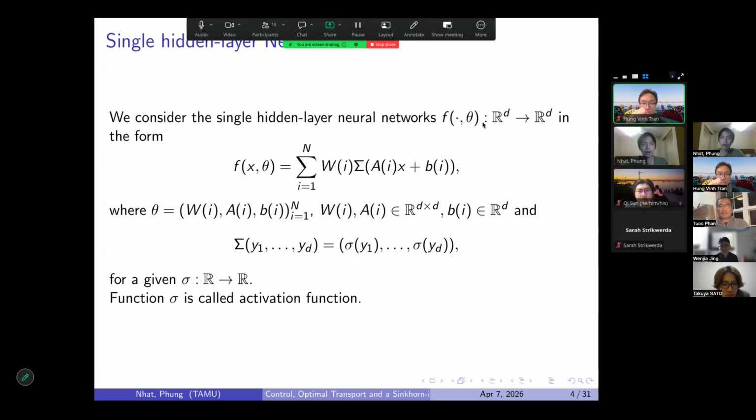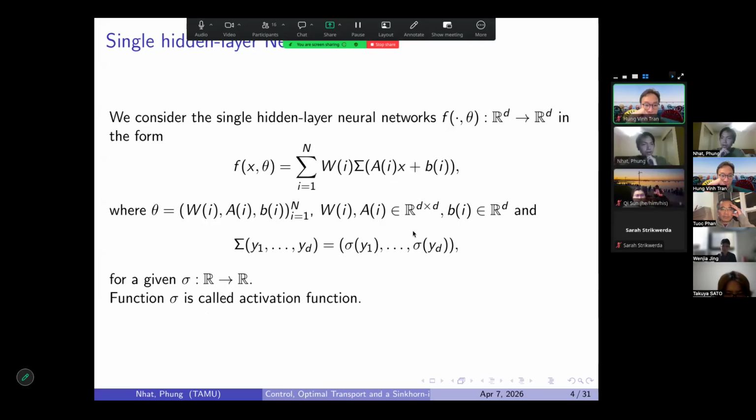To simplify the definition, I consider working in a single dimension d, so it does not get confused with other dimensions. The function sigma acts component-wise: for every component we put a single sigma. Originally, this function sigma we call the activation function.